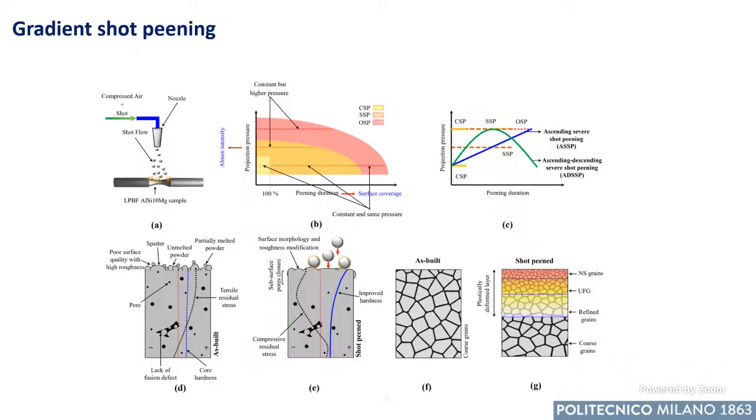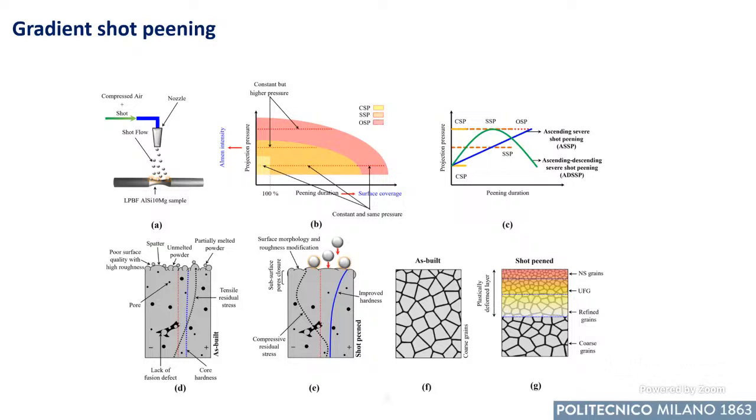And in this way, what happens? We have the result in terms of residual stress, but if we increase too much the coverage, or the Almen intensity, or both, we are going easily into the overshot peening field, and this is not good.